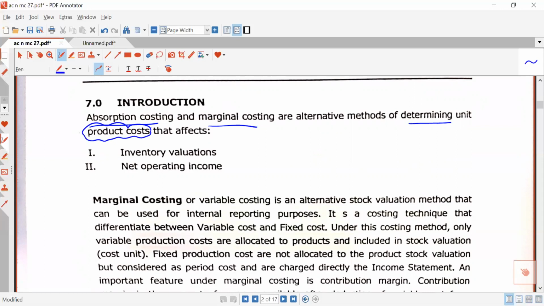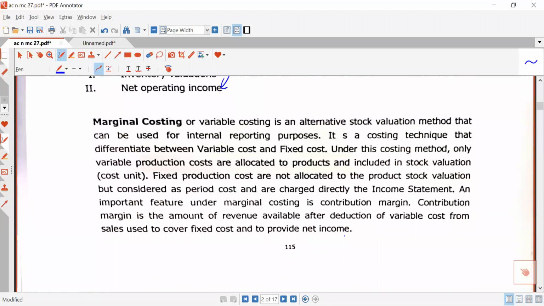So there will be a difference in the product cost by using these two approaches. The effects of these differences that you can see are, first, inventory evaluation, and second, the net operating income.